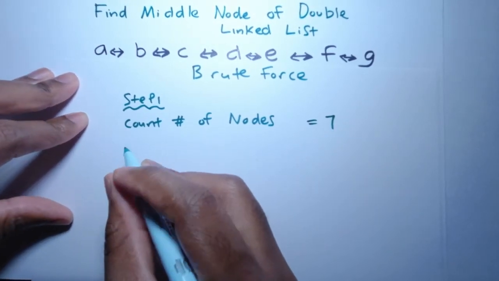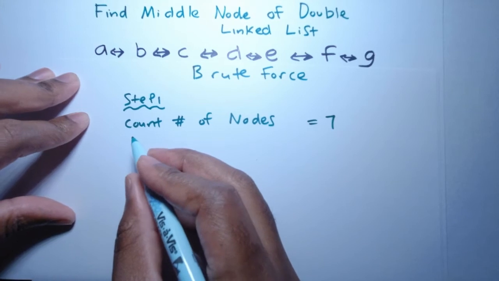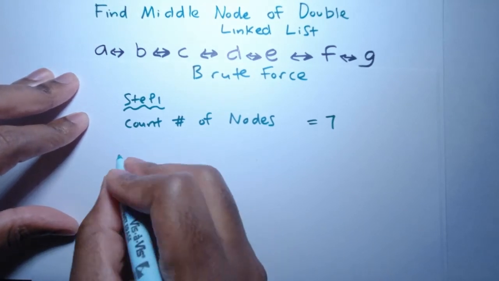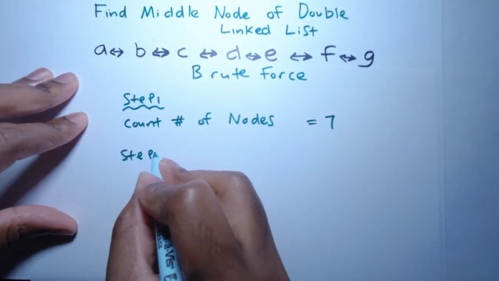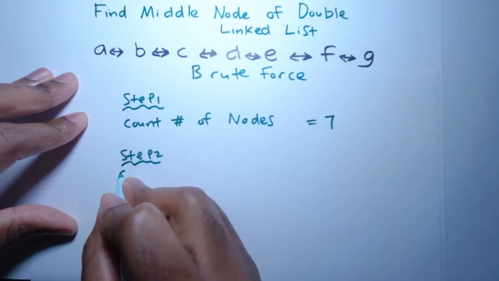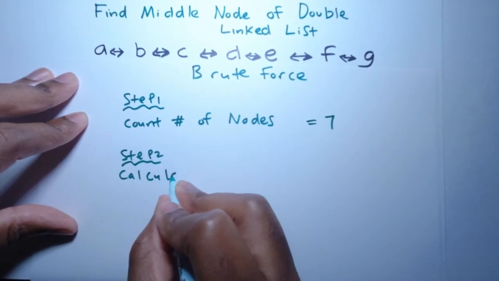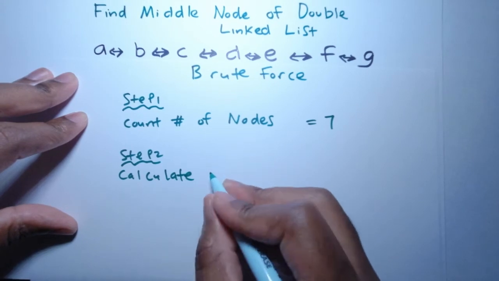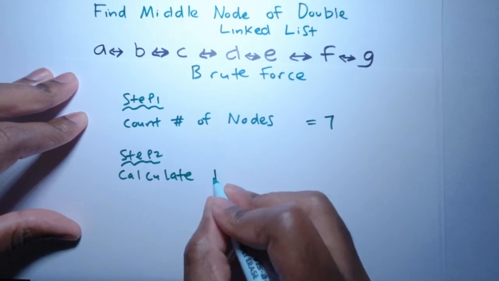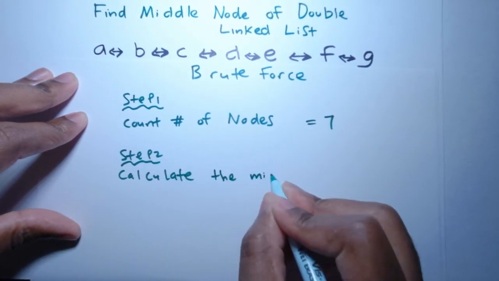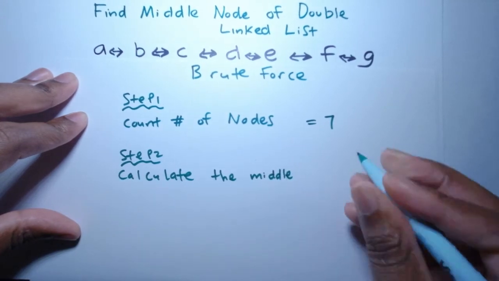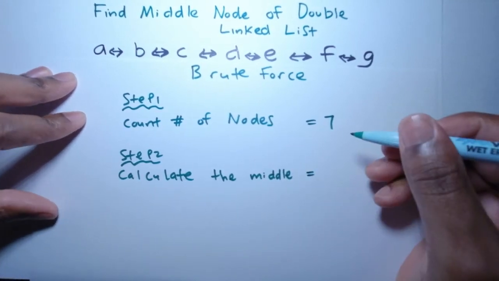Next, we will calculate the middle by dividing the total number by 2. That is step 2. Calculate the middle. All right, so how does this work?